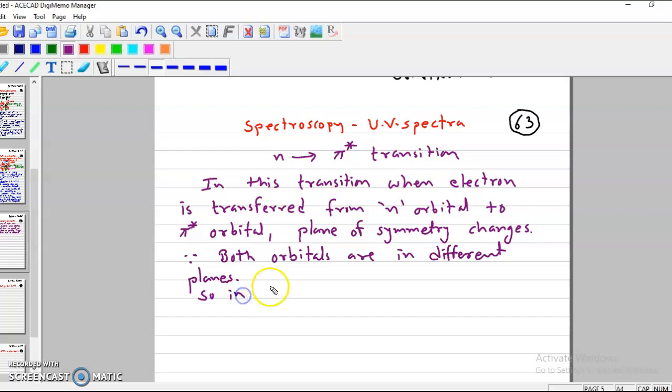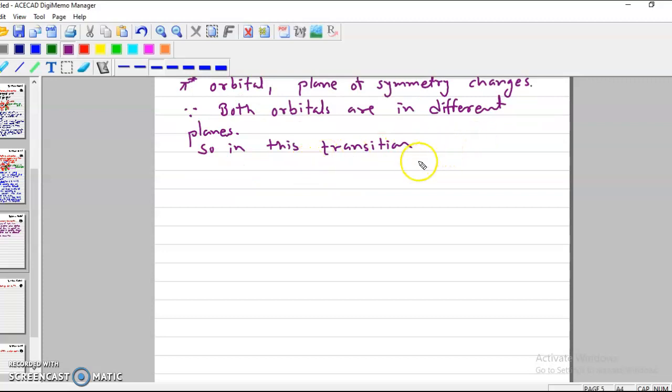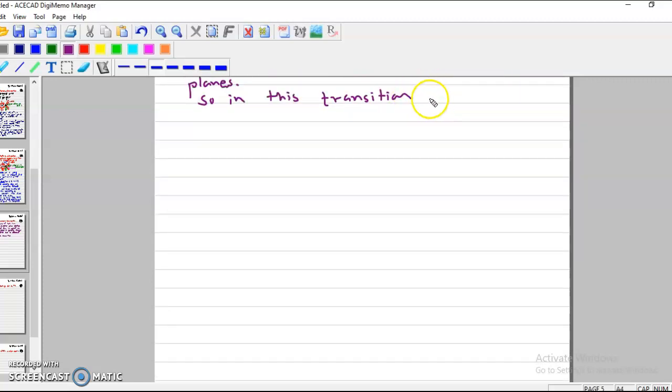So in this transition, the selection rule is not followed.